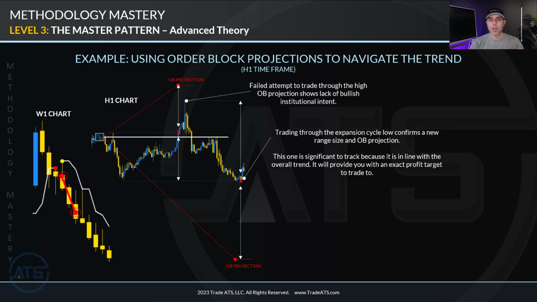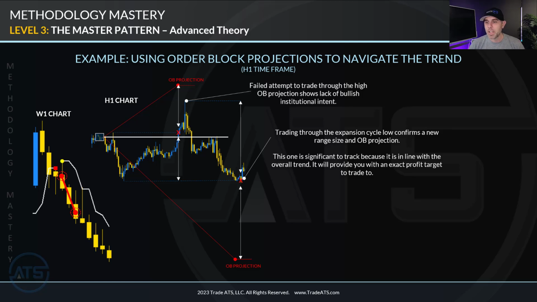I told you that the market will always eventually travel 100% minimum of the distance of the total range size. It failed to do that. We could come to the conclusion that there's not a whole lot of bullish intent in this market. And what does that mean? It's another if-then statement. If it's not going long, it must be coming back into the range and potentially going short. And that's what happened here.